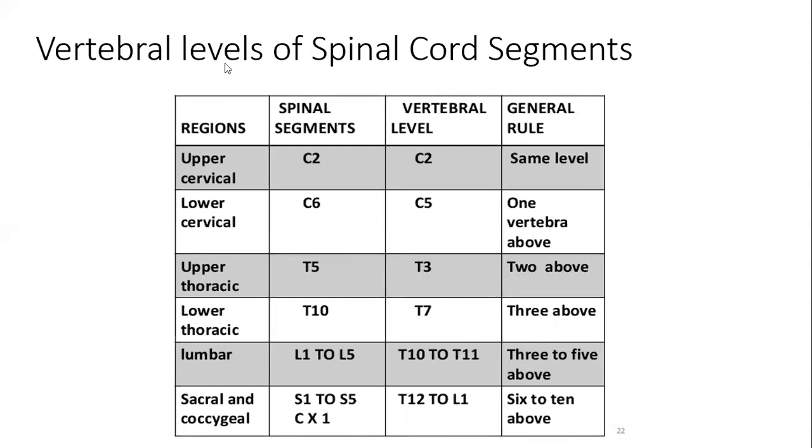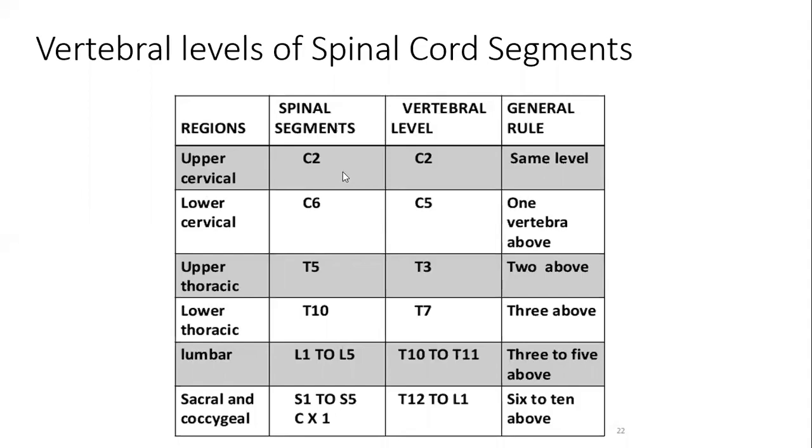So let's compare the vertebral levels with the spinal cord segments. What is their relationship with each other? Okay, fine. Let's start with the upper cervical region and take it as an example.